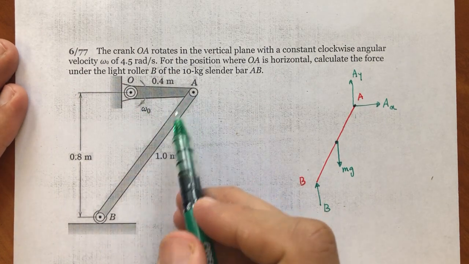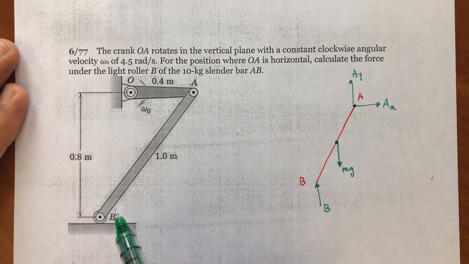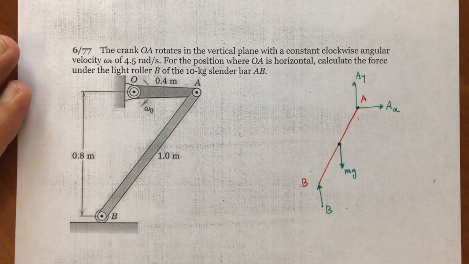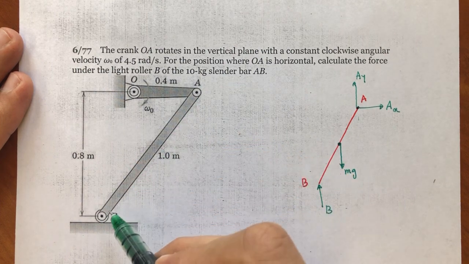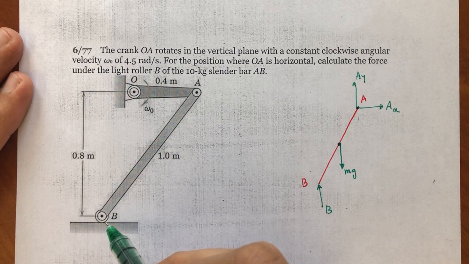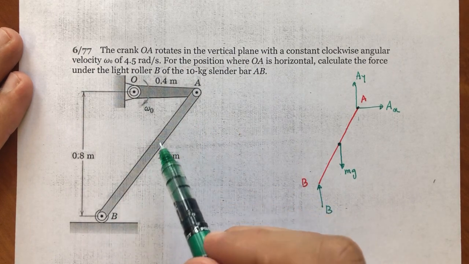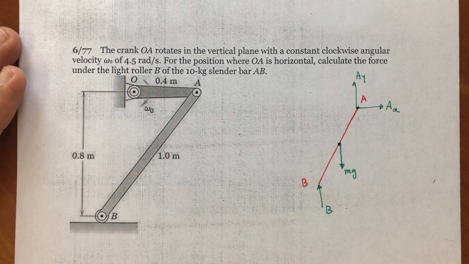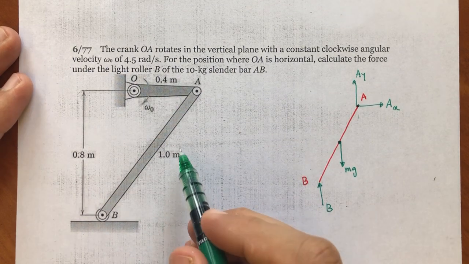Analyzing the kinematics of this, we had it in chapter 5 as well. So I'm not going to go into the details, but by writing the relative velocity equation between A and B, or finding the instantaneous center of rotation of AB, you should be able to find omega of this bar.